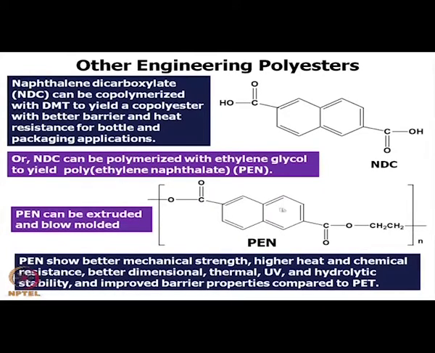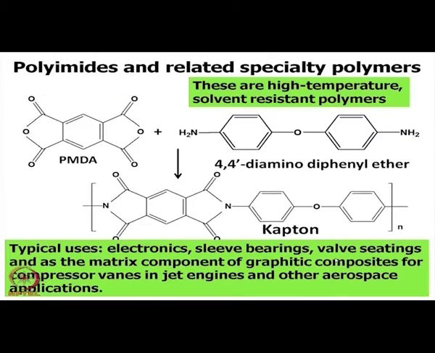So, due to the presence of the naphthalene ring, it shows improved properties over PET, polyethylene terephthalate. So, these are about these engineering polyesters containing phenyl rings, containing cyclohexane rings, containing naphthalene rings.